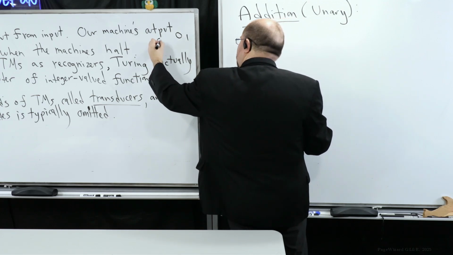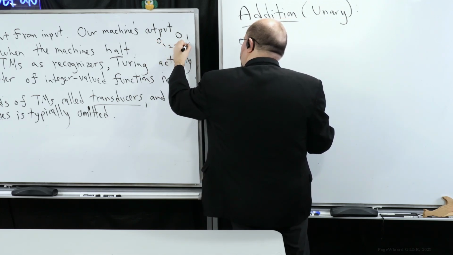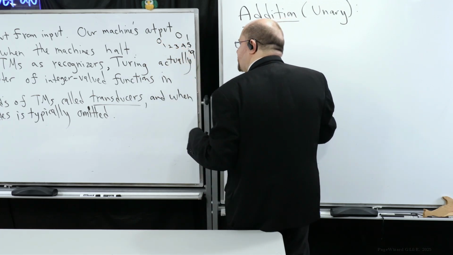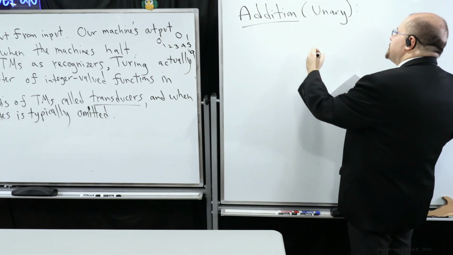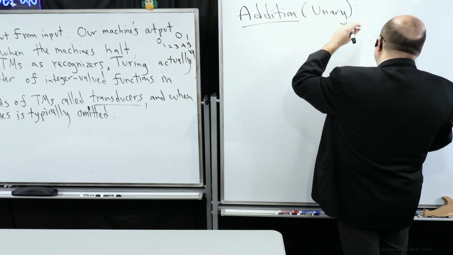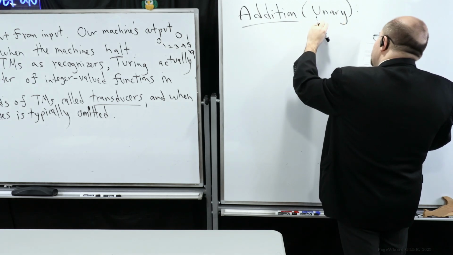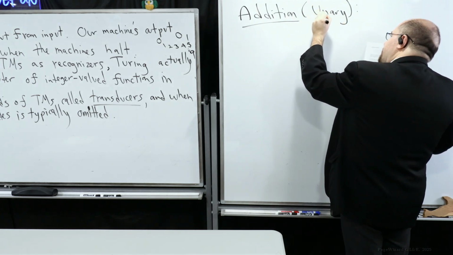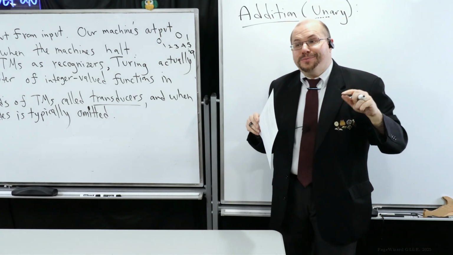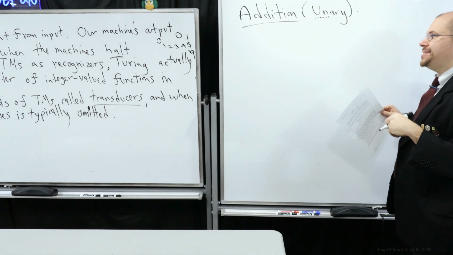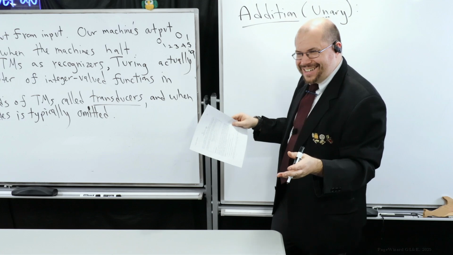Decimal uses 0, 1, 2, 3, 4, 5, all the way up to 9, so this is 10 symbols. Unary, the big tip with unary is this part here. It's sort of hiding there, but it means one. So this is base 1, okay?